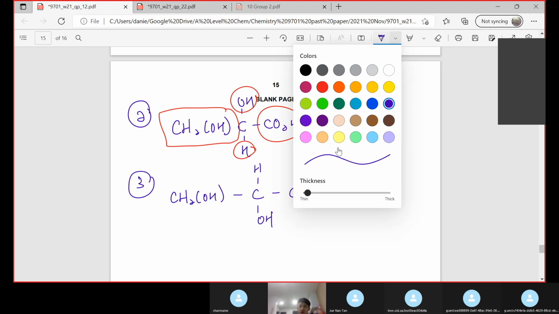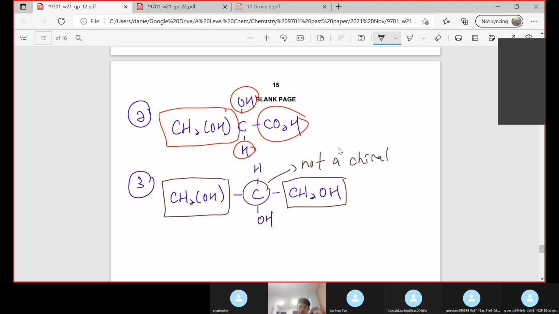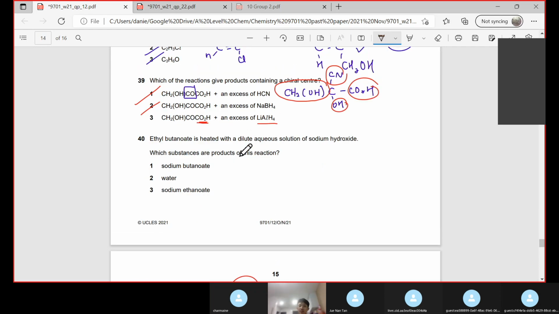Over here you will notice that left and right are identical. They are identical, so this is not a chiral center. Okay, so only 1 and 2 is our answer. So the answer is B.